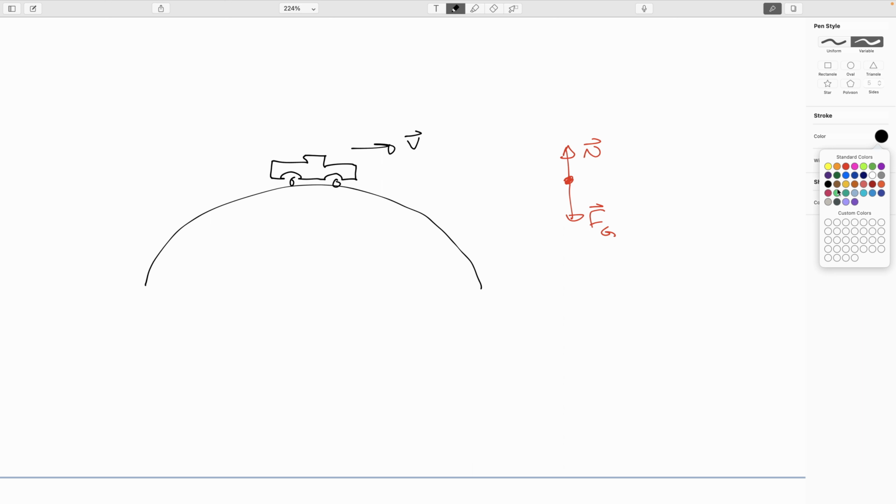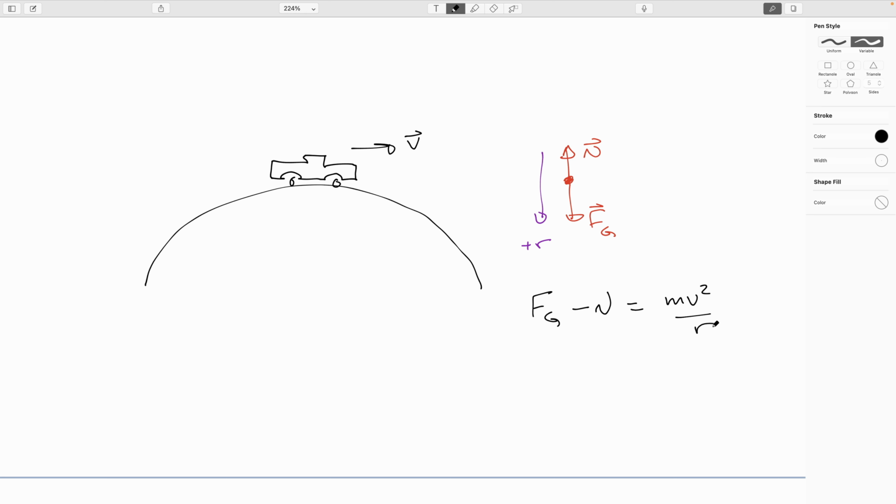So what about here? Well, again, if we set up our r, theta, z coordinates, we see that this would be the plus r direction because that'd be directed to the center of the curve. And so if we take the r component of Newton's second law, we'll have the force of gravity now minus the normal force would be equal to our m v squared over r from before. So same deal.